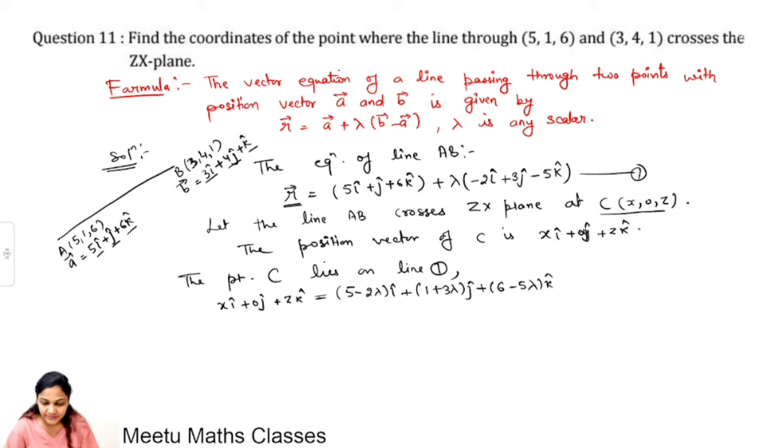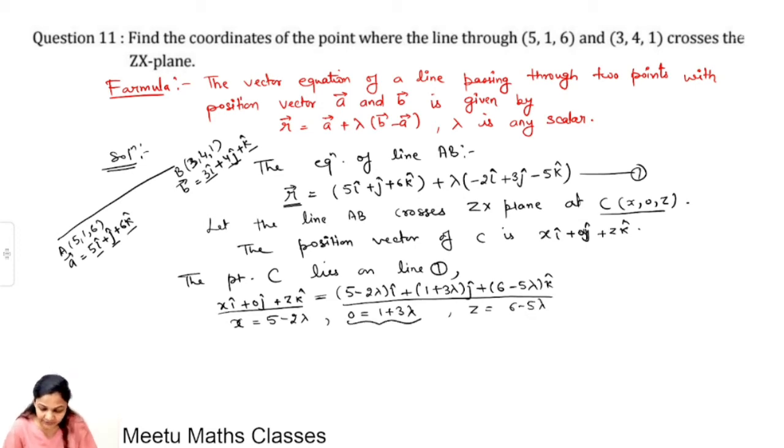Okay. Now comparing the corresponding components of these two vectors, since the vectors are equal, the corresponding components must be equal. So x is equal to 5 minus 2 lambda, 0 is equal to 1 plus 3 lambda, and z is equal to 6 minus 5 lambda.